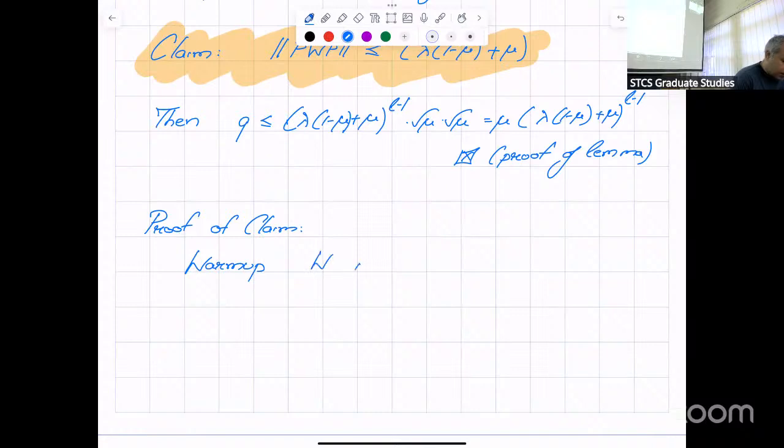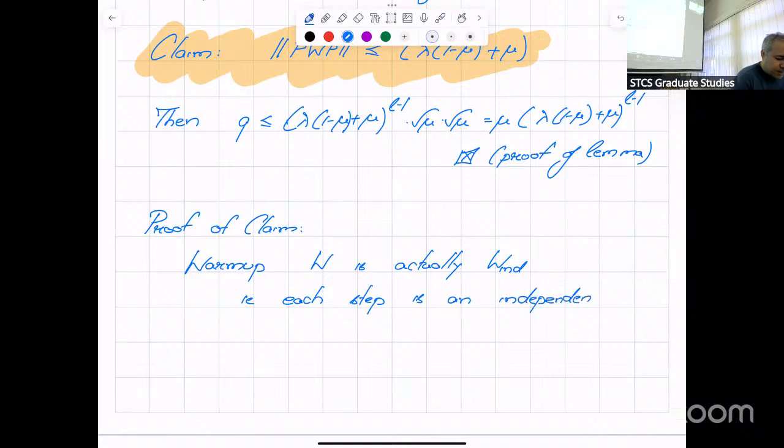W is actually W_ind. That is, each step is an independent vertex picked according to pi.